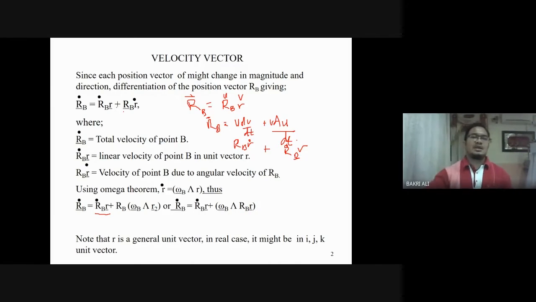So each position vector that we differentiate must be expanded into this term. If you have two position vectors, r_B plus r_C/B, then you will have four terms of this velocity. Okay, understand?